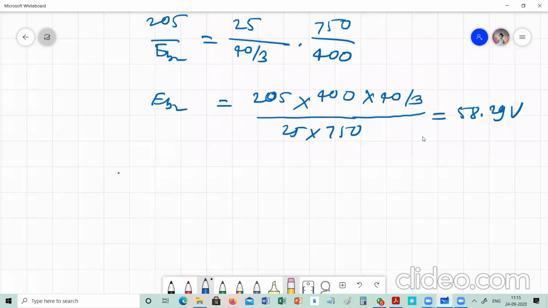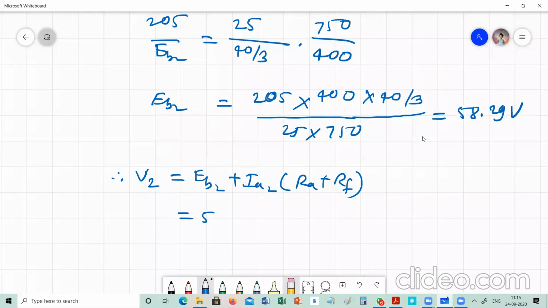Therefore V2 is equal to what? V2 is EB2 plus IA2 into RA plus RF, because it is a series motor, which is equal to 58.29 plus IA2 equal to 40 by 3 into RA plus RF equal to 1.